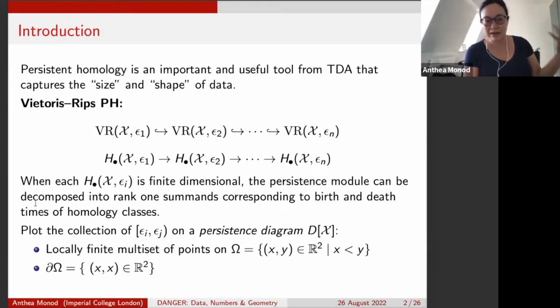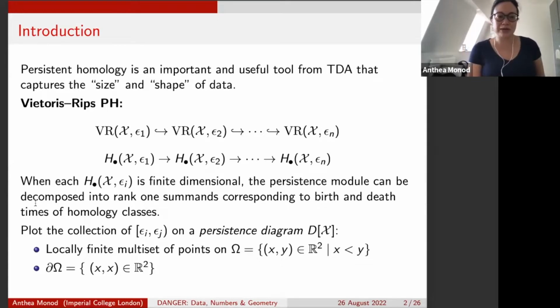And these data can be very complex and have an unstructured nature. So they can be point clouds, networks, images, surfaces, almost anything. And the idea is that you quantify your data and capture some aspects pertaining to its size and shape.